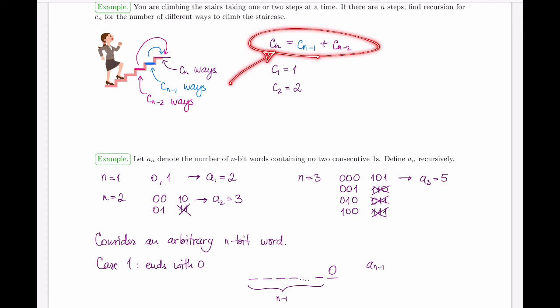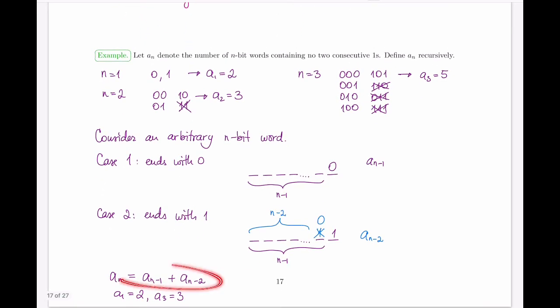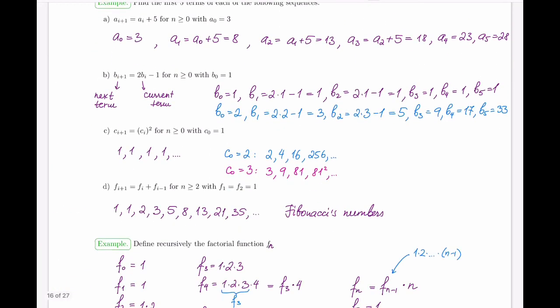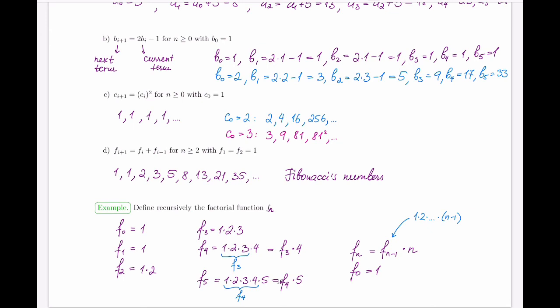To end on the last stair is to end on the previous stair or 2 stairs back. Just because it's called C versus A makes no difference whatsoever. But the initial conditions are really quite different, which means that my actual sequence of numbers is going to be different. You'll also recognize this as the formula from the previous page at the bottom here, where we actually had Fibonacci numbers.